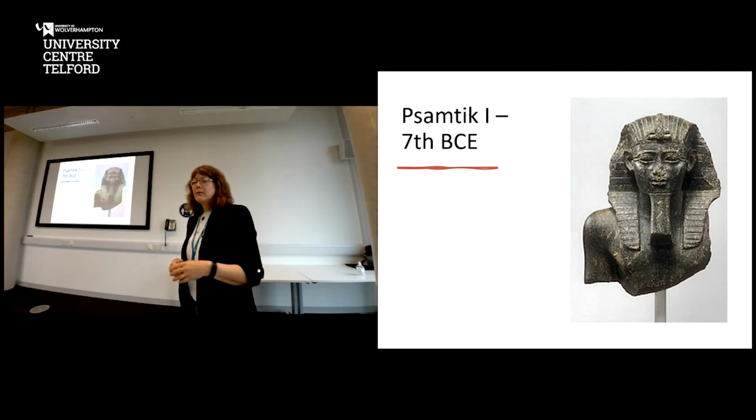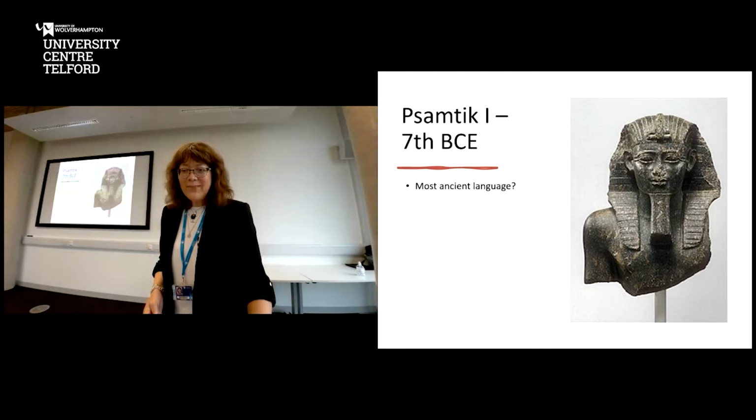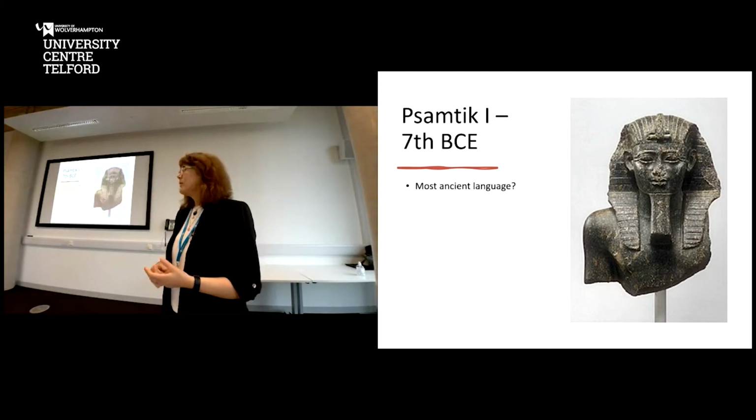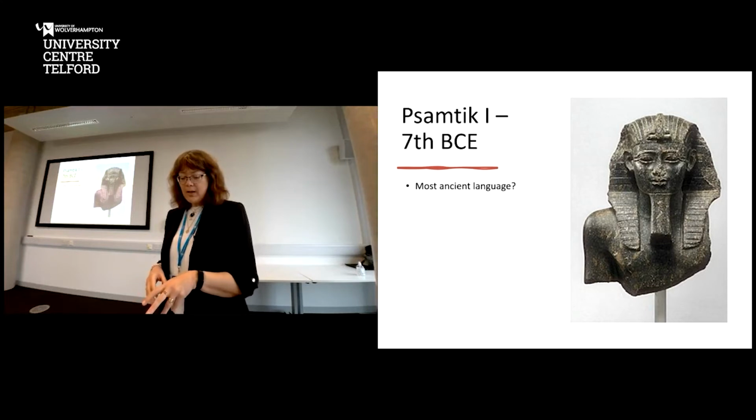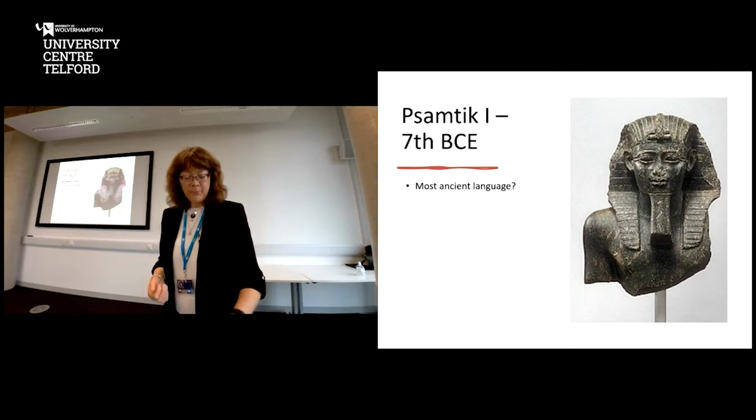Now, hopefully from this you can see that people have been interested in language for millennia, and this is Psamtik I, an Egyptian pharaoh in the 7th century BCE, and he wasn't so interested in language acquisition. What he was interested in was the most ancient language in the world.